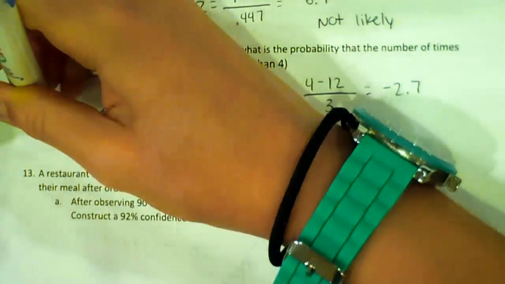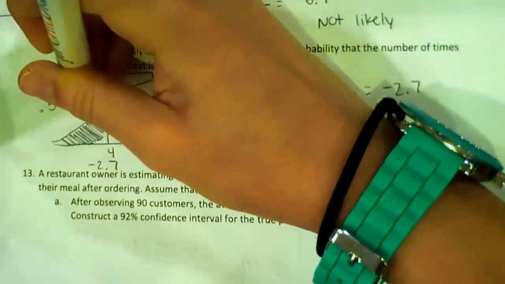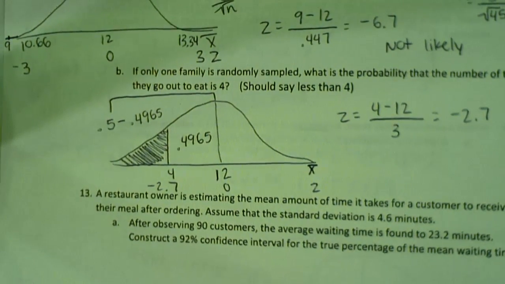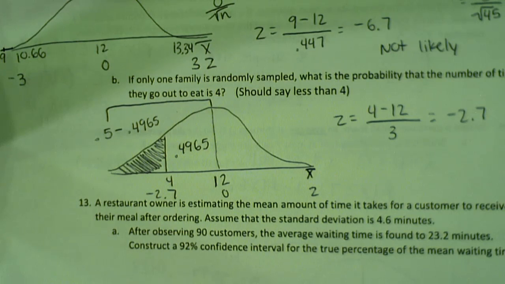So again, everybody good with that one? Just subtract the 0.5 from the 0.4965 that we got.